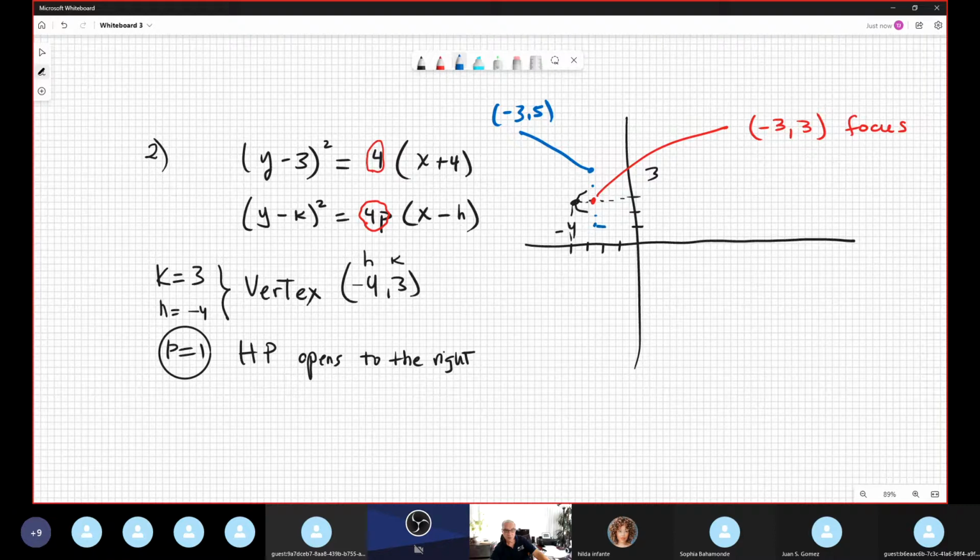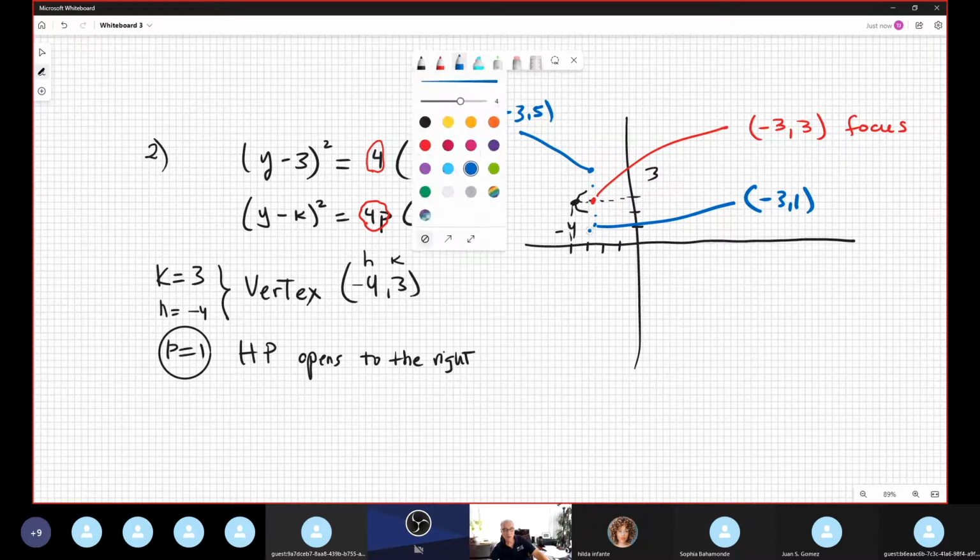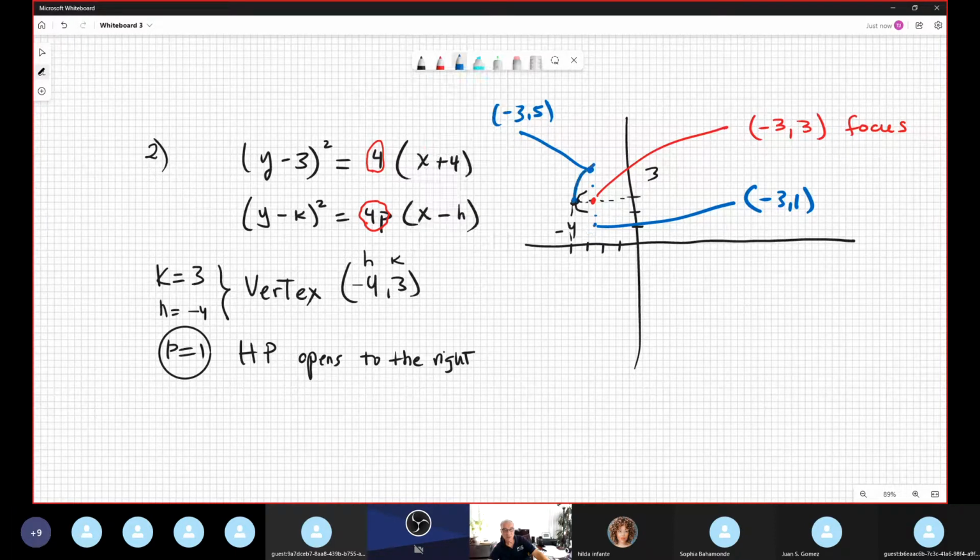This point is (-3, 1), because 3 plus 2 is 5 and 3 minus 2 is 1. So now I have some idea of how our parabola looks. Of course, I move the curve like that. A more decent graph. I'm finished now.